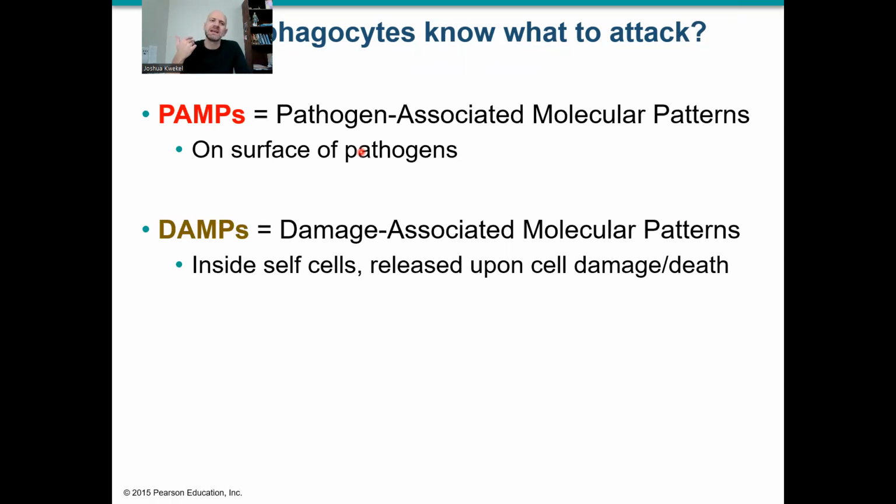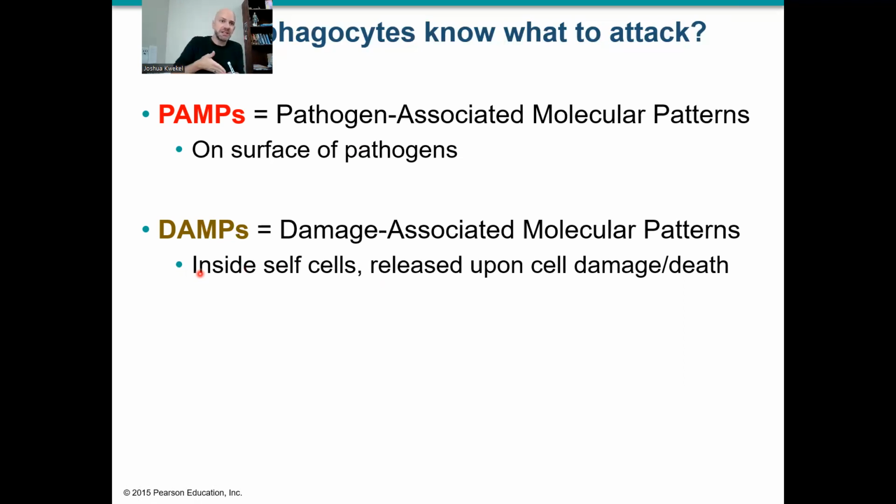A DAMP is a damage-associated molecular pattern. It has a similar role, but it's not from a foreign cell, it's from a self cell. If your cells are in trouble and they're lysing, undergoing necrosis, your cells are dying and breaking open, and these DAMPs will be released.